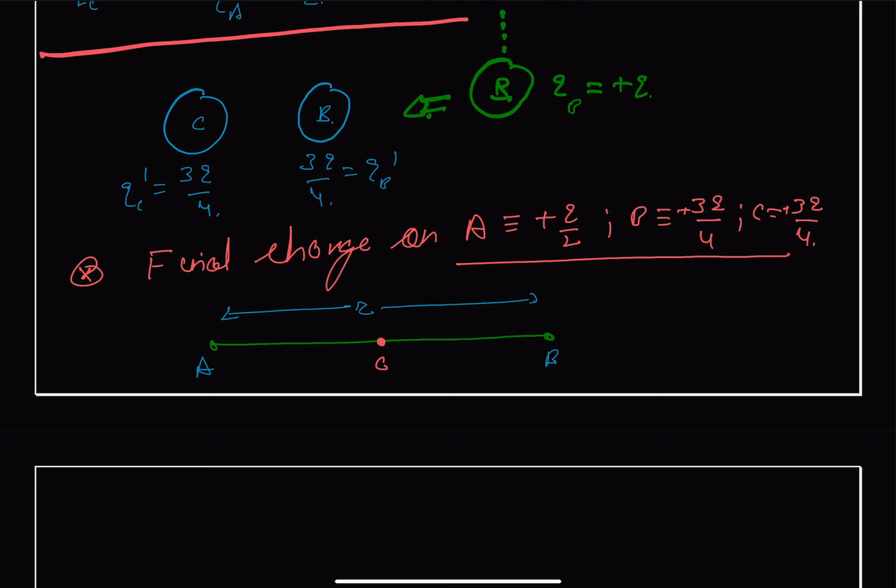So we are going to have R by 2 here and R by 2 here, and all charges are positive. So obviously B is going to repel charge C toward the left, and A is going to repel charge C toward the right. So let's find out the force on C due to A.